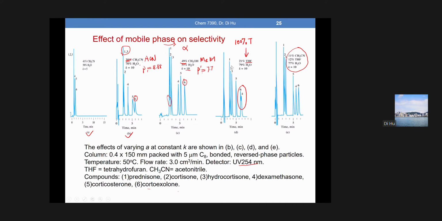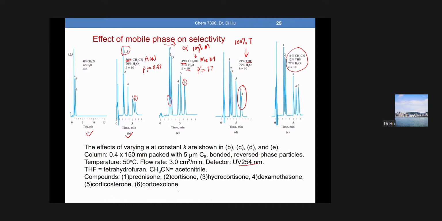Understand? This is the mobile phase composition you already optimized to get K equal to 10. And how about 100% of methanol and water? Putting 100% M at that triangle vertex corresponds to 51% of water and 49% of methanol.